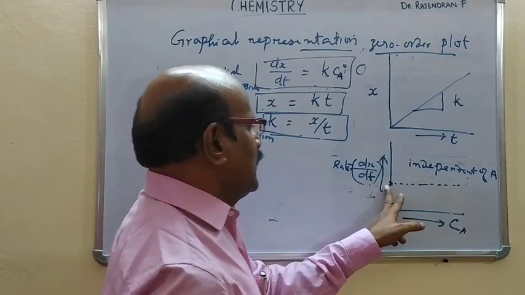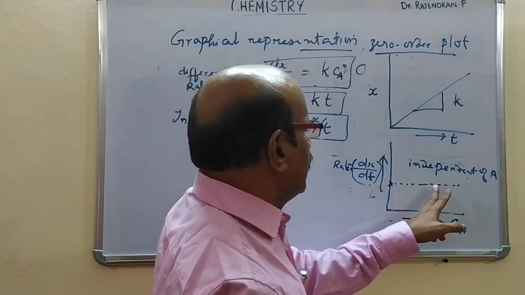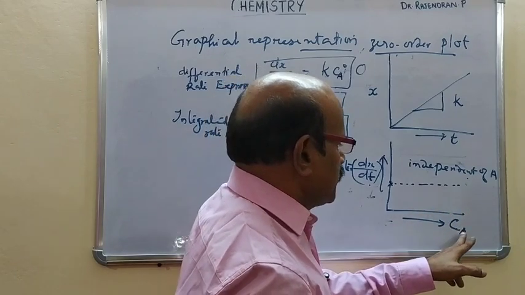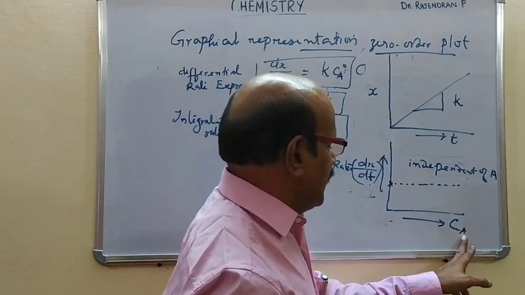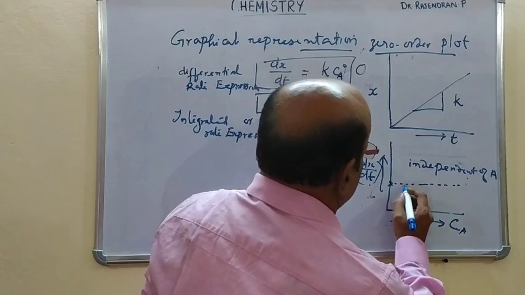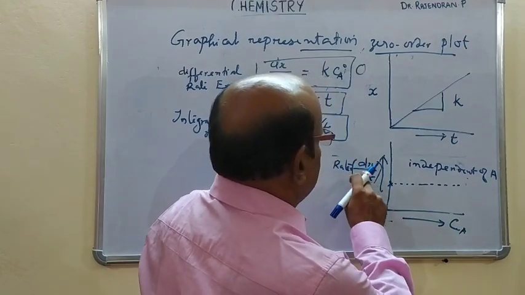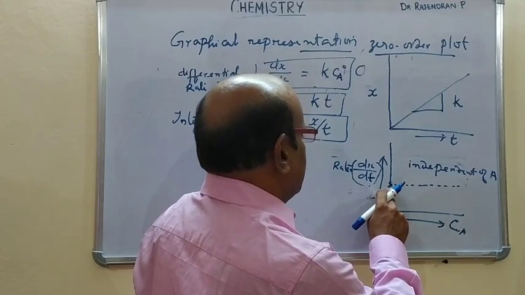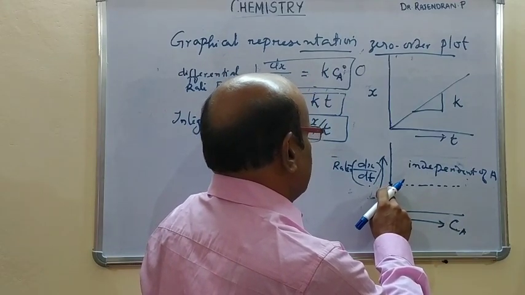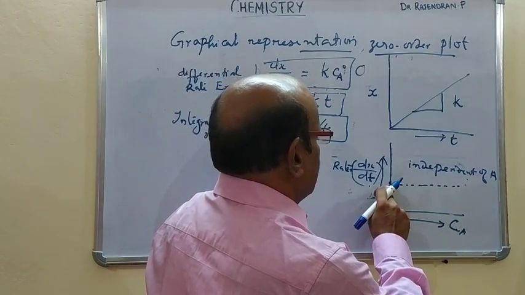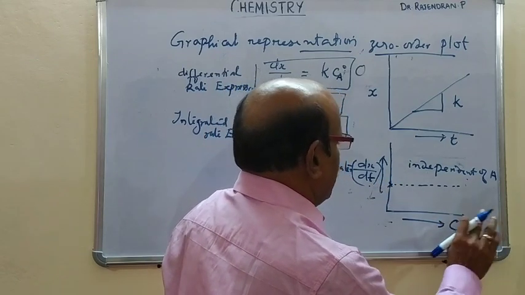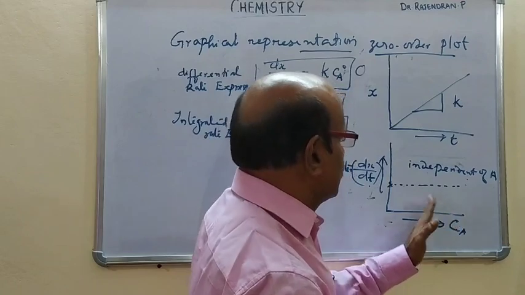That means there is no change in the rate of the reaction with respect to the concentration of the reactant. So we have a straight line which remains constant and is parallel to the Ca axis, or x axis.